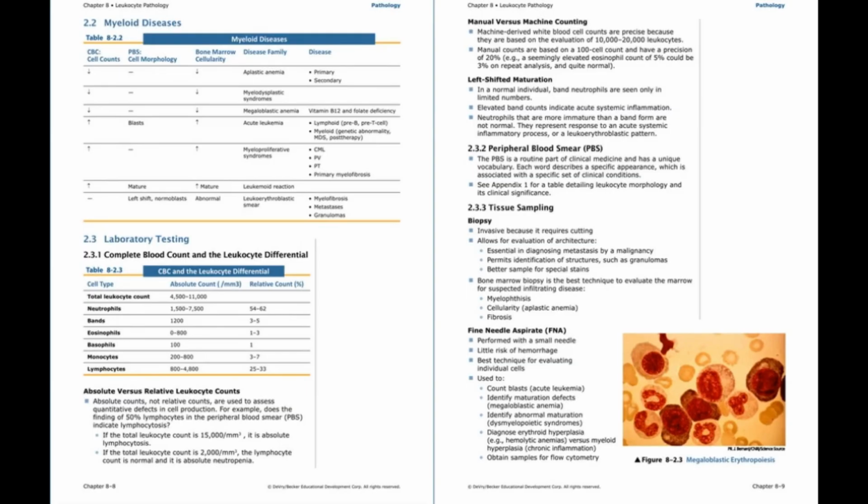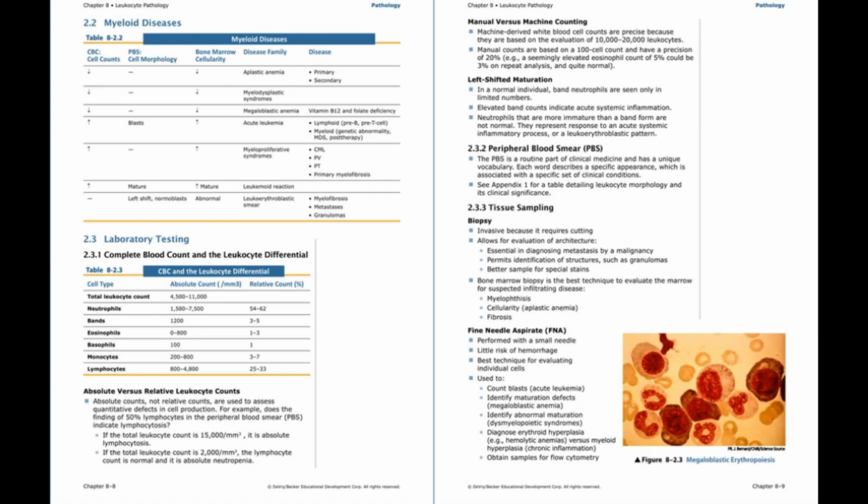We start with a CBC and a peripheral blood smear, and we compare what we see in the periphery to the bone marrow where they're all made. So as we go down the road, this fundamentally tells you how you're going to establish the basic diagnosis in all your hematology patients.